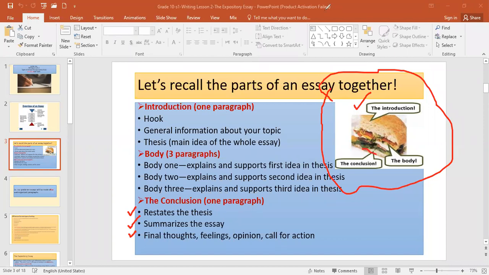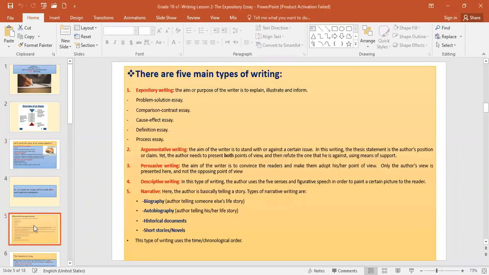It needs all those elements in order to be a good essay. Now let's move on to the next slide. There are 5 main types of writing in expository writing that we're going to take this year. What are they? Let me see. Volunteers. Yaoub, would you please read?